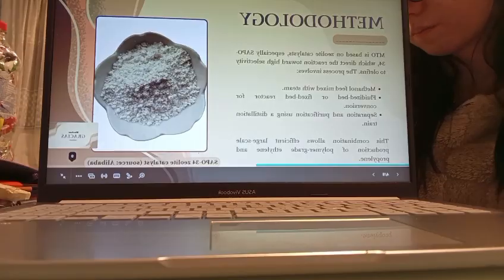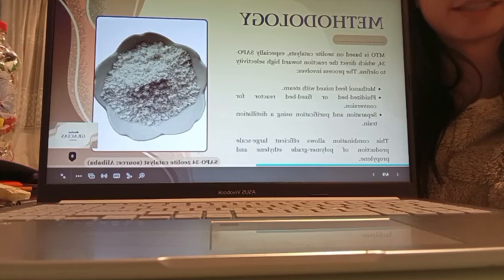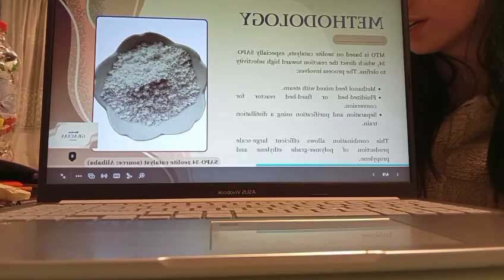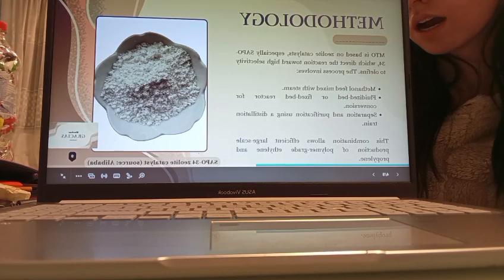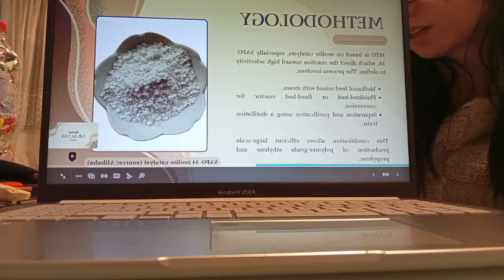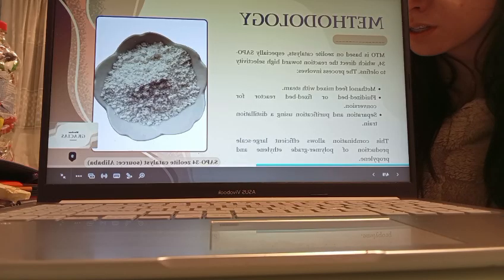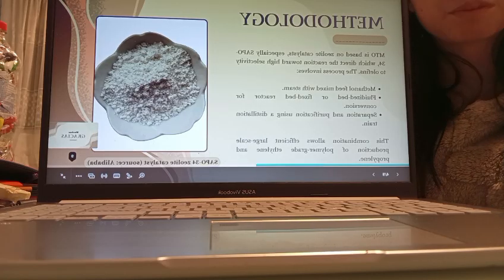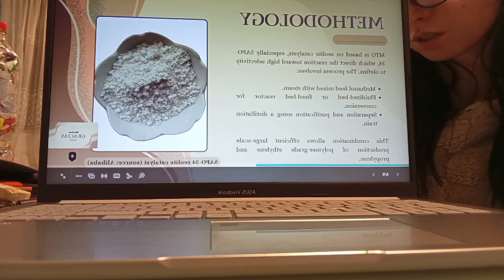Second, methodology. The key of the MTO process is the catalysis. Zeolites, especially SAPO34, are used to direct the reaction toward high selectivity to olefins. The process begins by mixing the methanol with steam, which reduces catalyst deactivation.